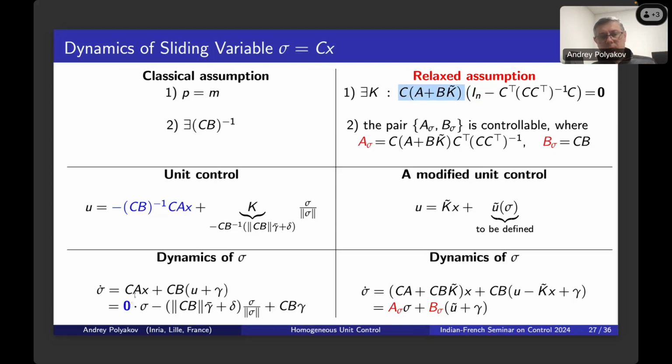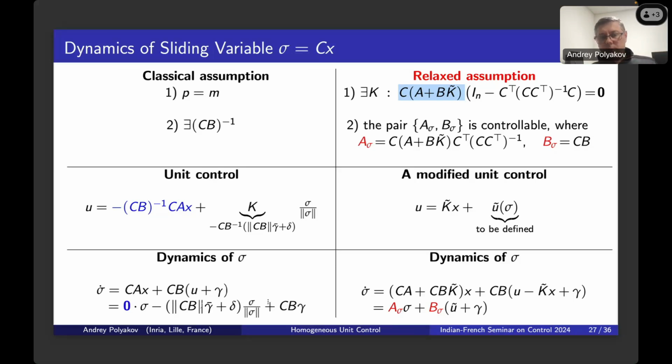So with this term, unit control homogenizes the output dynamics in the sense of standard dilation. And next, we add an additional term. The unit control is standard homogeneous of degree 0 as a function, but as a vector field, it has degree -1.